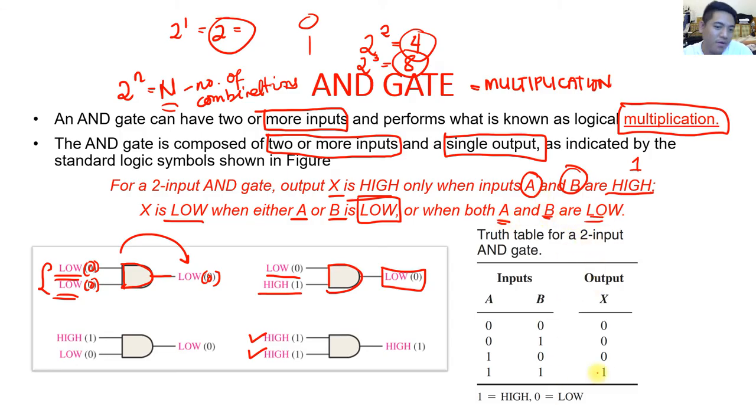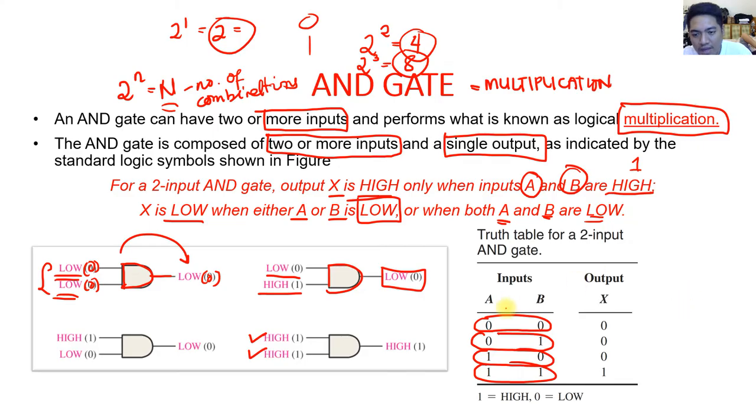So the truth table for this AND gate can be seen as this. As you can see, we have 4 possible combinations: 0, 0, 0, 1, 1, 0, and then 1, 1, because we have 2 inputs. So 2 raised to 2 would be 4. So that will be the 4 possible inputs. This is the truth table.